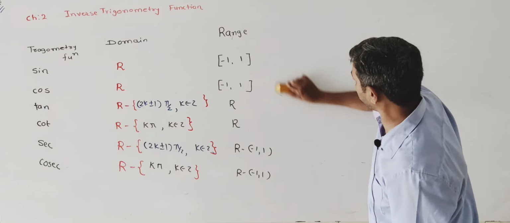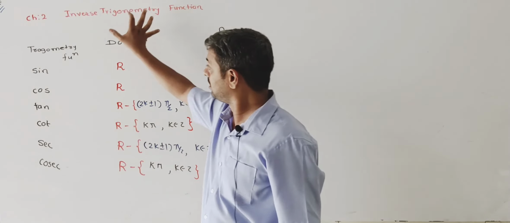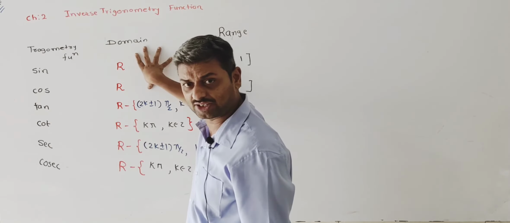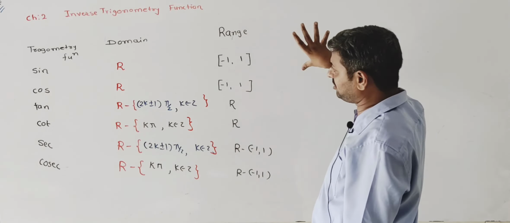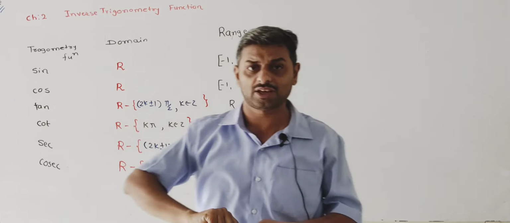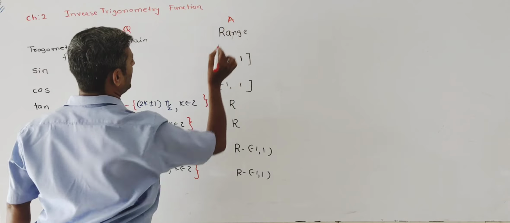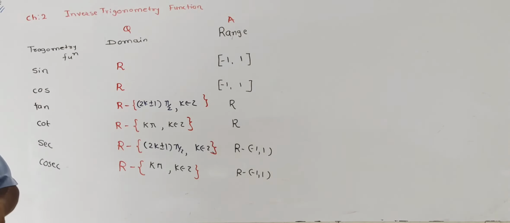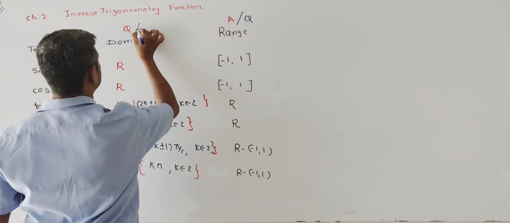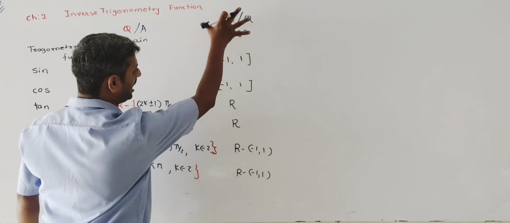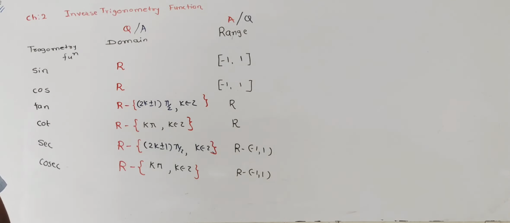Now in the inverse function, you are aware that the angle you are measuring is your domain, and your answer is your range. In an inverse function, what was your answer becomes your question. This was my question and this is my answer for a trigonometry function. But for an inverse function, the values are in the question and the angles are my answers.